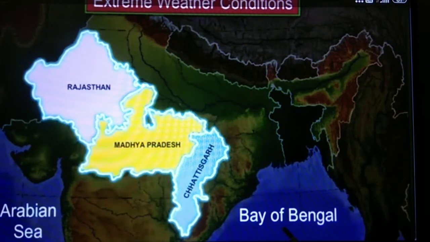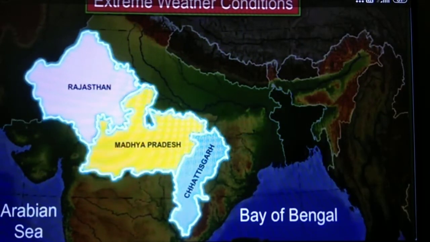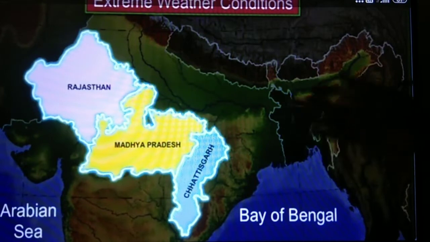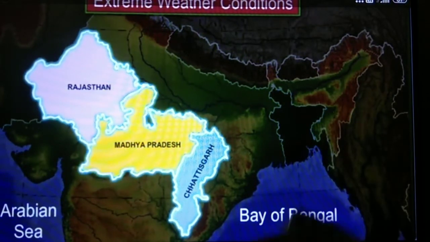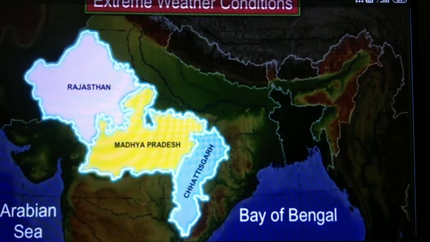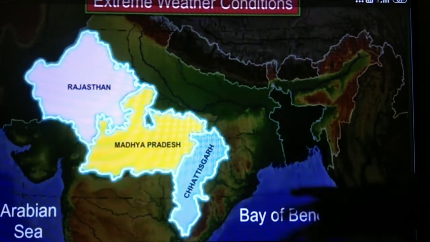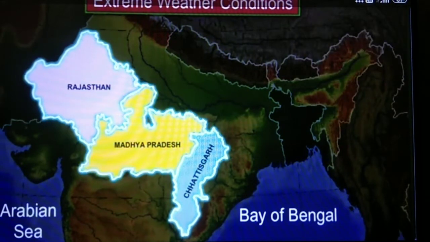What is extreme climate or continental type of climate? It means in the summer the temperature will be too high, around 40, 43, 45, and in winter the temperature will be very low, around 1, 2, 3. Clear? Right? So this is known as extreme weather condition or continental type of climate.